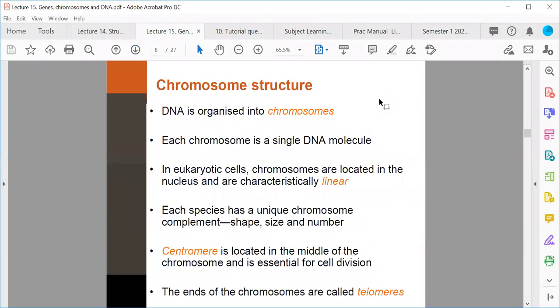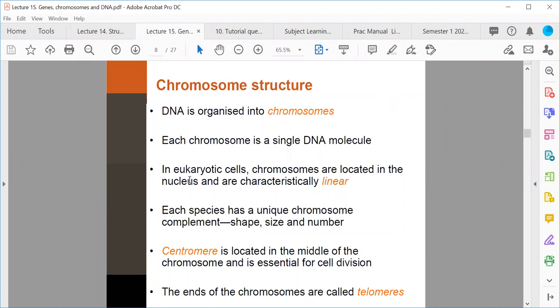Let's talk about chromosomes. DNA is organised into chromosomes. Each chromosome is a single DNA molecule. In other words, two strands of DNA bonded together make up a single molecule of DNA.